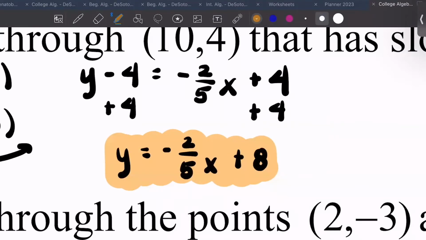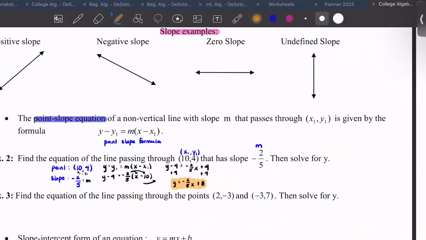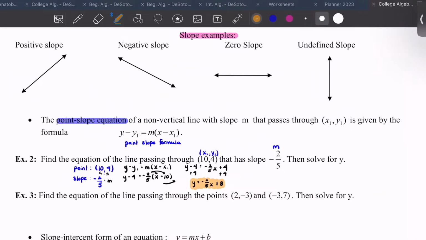So you say, okay, what did we just find? We found the equation of the line that passes through some point and has some slope, and then we solved for y.